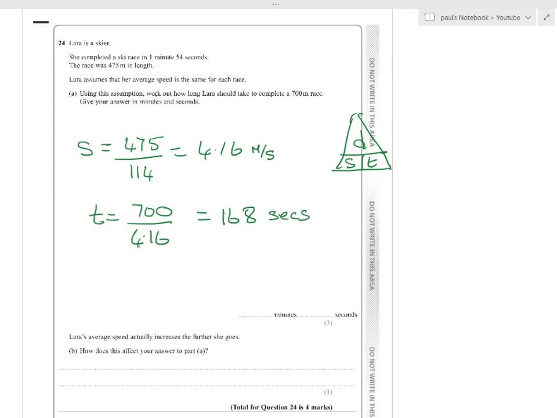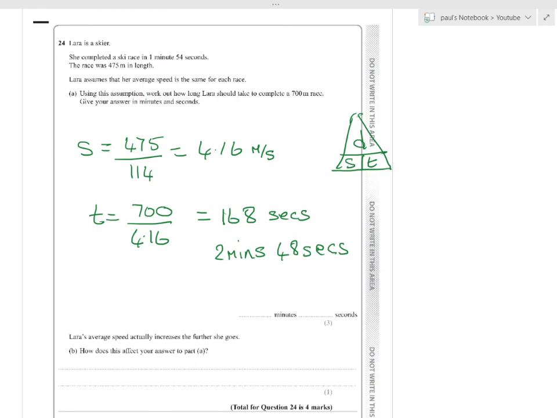Give your answer in minutes and seconds. 2 minutes will be 120 and 48 left over, so 48 seconds.